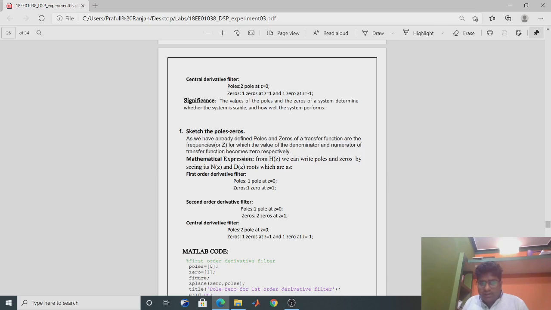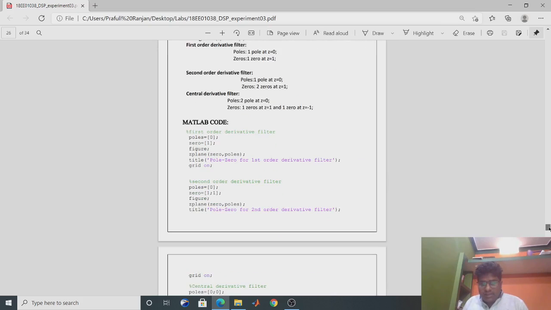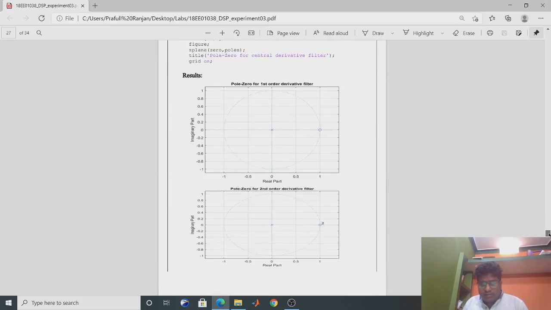We have already seen that the values of the poles and zeros of a system determine whether the system is stable and how well the system performs. So that's why we are studying the poles and zeros. So these are the codes for plotting.